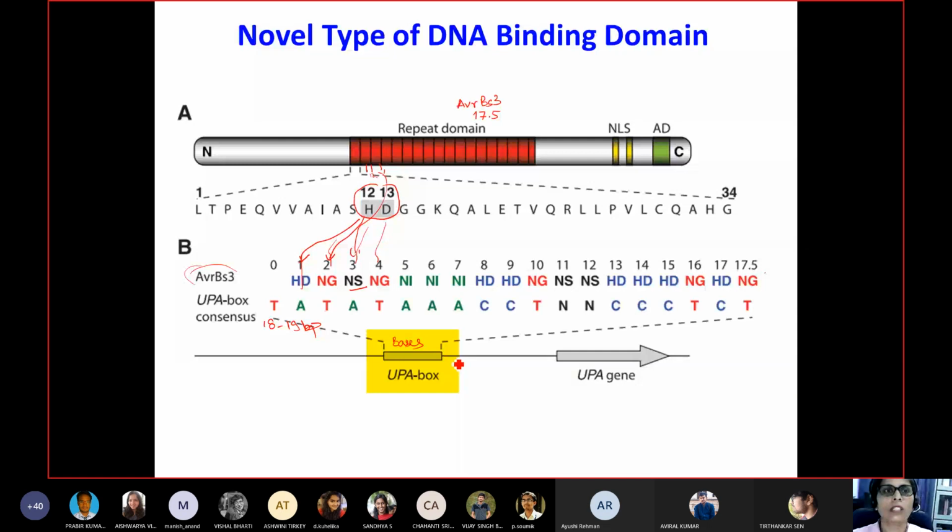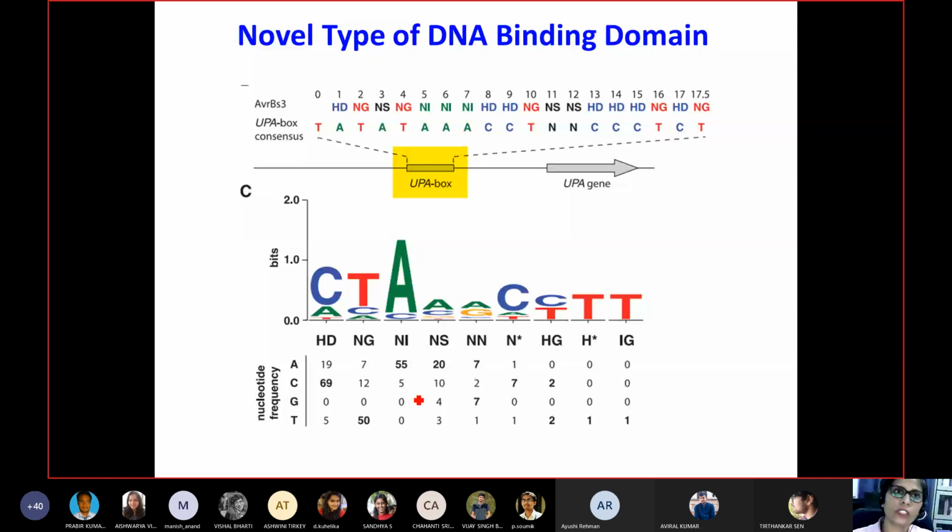The specificity of each repeat is determined by the di-amino acid motif, that is HD, NG: HD for cytosine, NG for thymine, and similarly for the other cases. What they did in the Bolas paper was one by one.